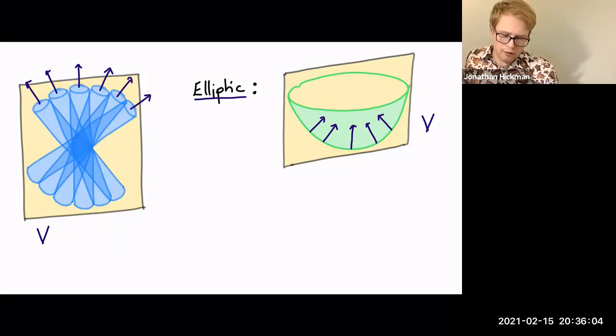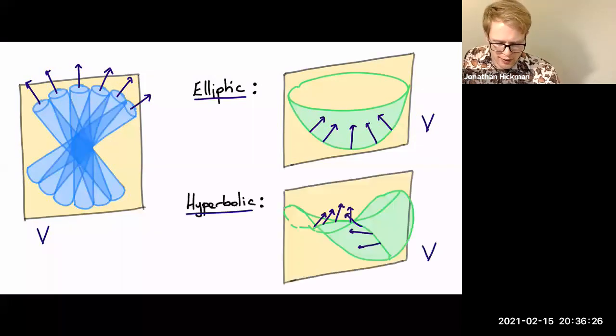And in particular, the frequency support of the operator here is going to lie along some narrow neighborhood of this plane V. And this is essentially always the case in the elliptic setup. We have some frequency support which is in some sense close to a slice formed by this plane V.